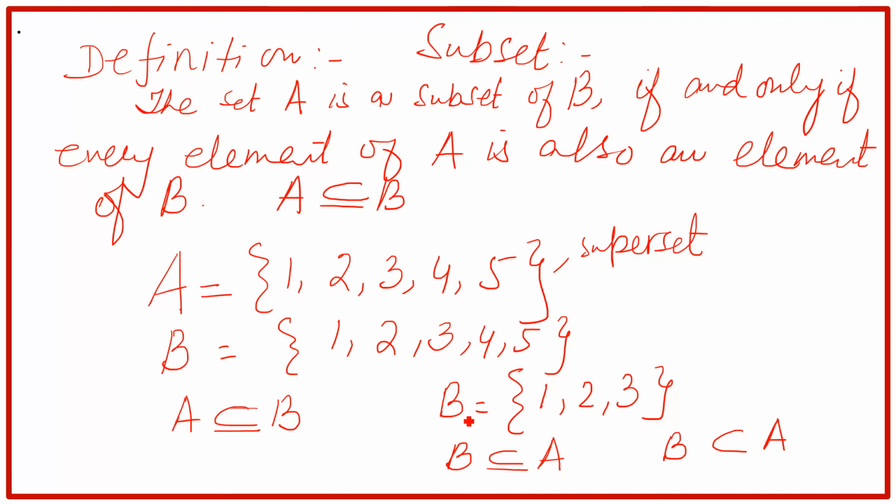But suppose if we have less elements compared to the superset, right? One set has 1, 2, 3, 4, 5, other set has 1, 2, 3. So we will say that B is the proper subset of A, right? And this is the superset.